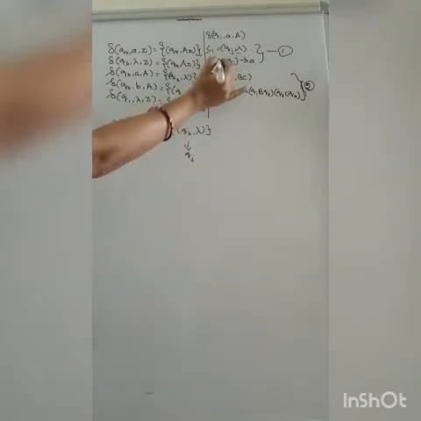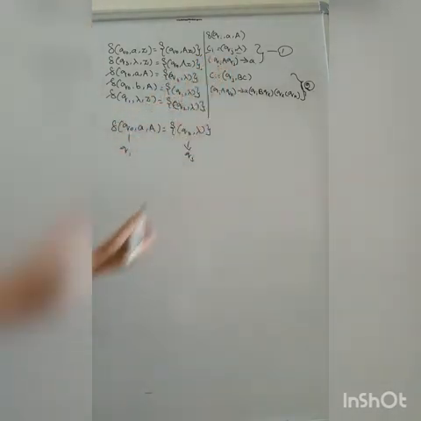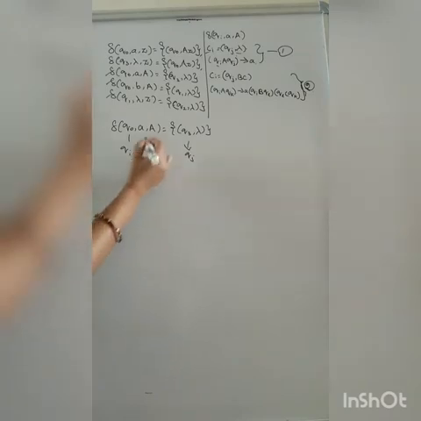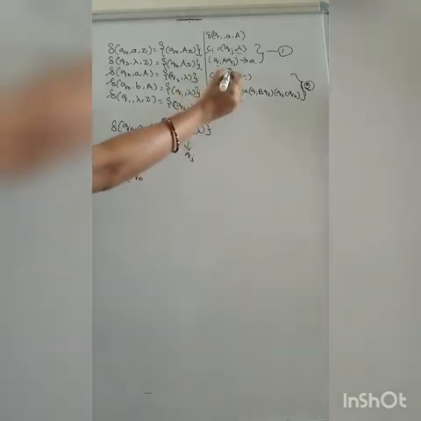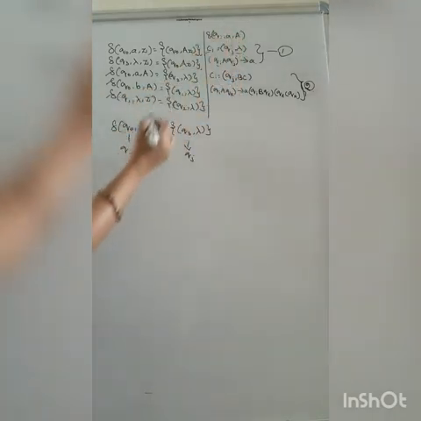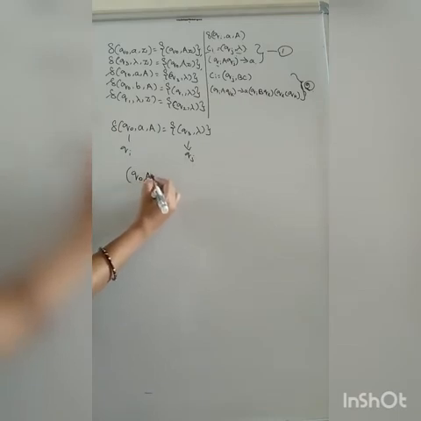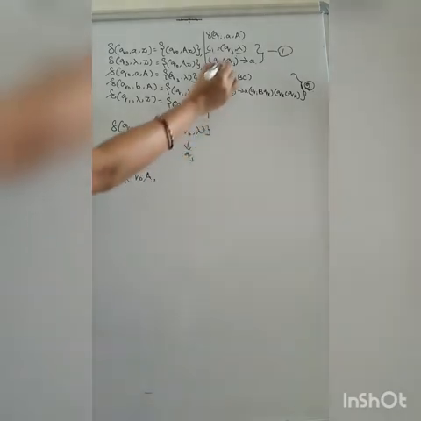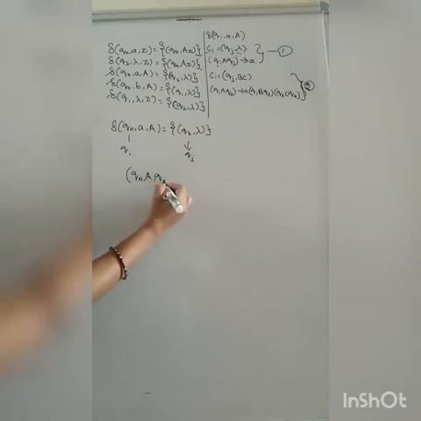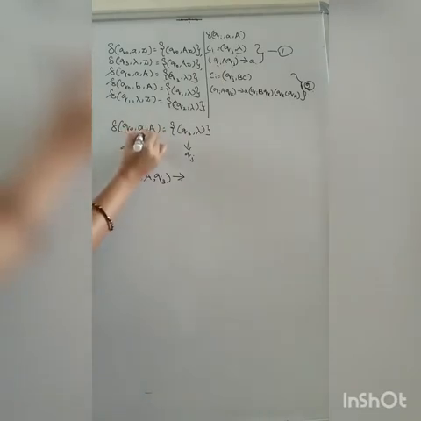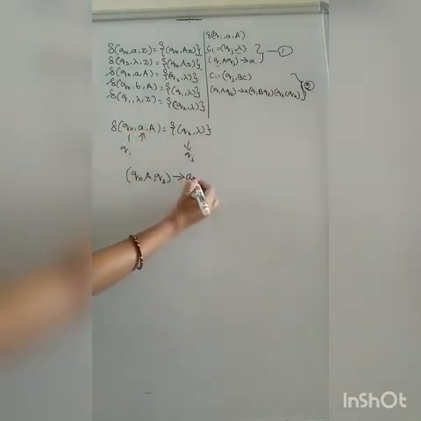So you can make use of this form to define the grammar. For this transition, you can define the grammar as Q0, and here they have written the non-terminal, so you can write A here. And then they have defined Qj, so you can write Q3 here. It tends to the input symbol. So here the input symbol is A, so you can write it here.